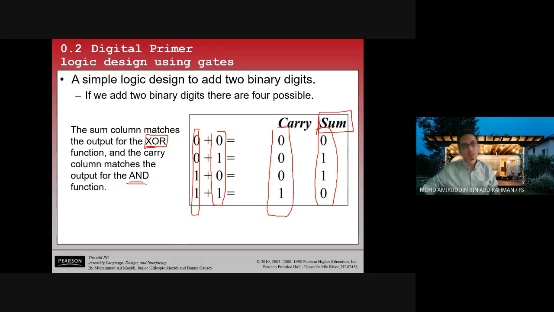So always remember, for carry we use the AND gate, for sum we use the XOR gate. So you look, will this replicate the function of the AND gate? Yes. 0 times 0 got 0, 0 times 1 you got 0, 1 times 0 you got 0, and then 1 times 1 you got 1.